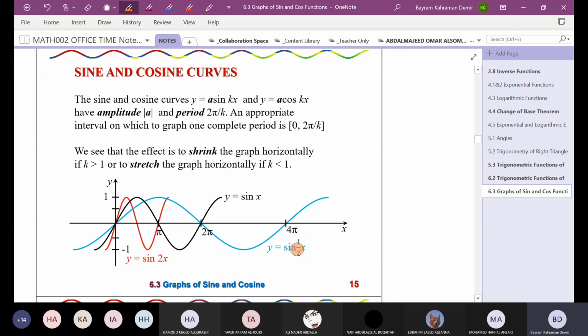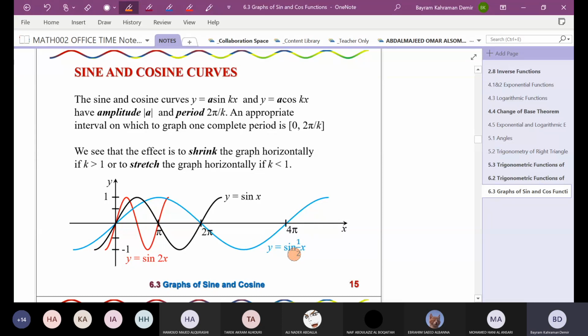But now what happens to sine of half x? Well, sine of half x, as you see, is a long stretched graph, right? So now this is one period for the sine of half x. So the one period of sine of half x is 4 pi, as you see. All right.